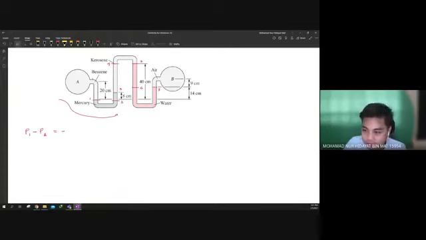This is the hydrostatic equation. Gamma, Z1 minus ZA. Okay, so Z1. How to get the Z1? After we label this one, let's say we put here as our reference line.